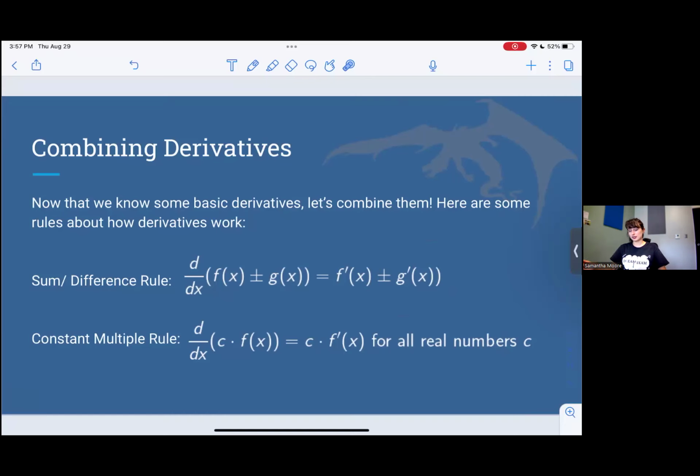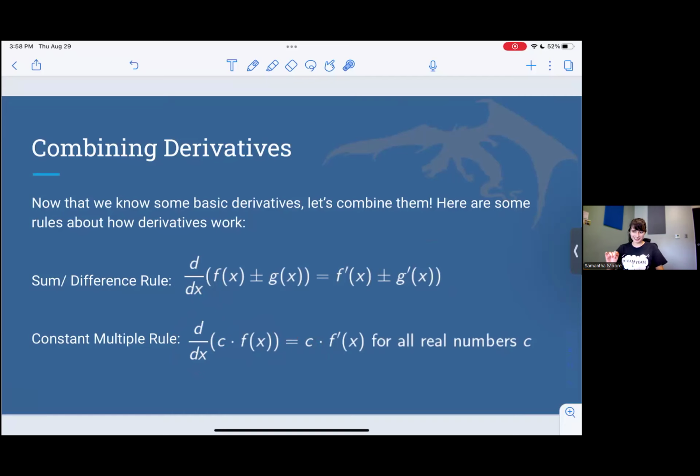We also have a constant multiple rule, which says that if I want to multiply my function by a constant and then take the derivative, really I could take my constant and multiply it by the derivative.